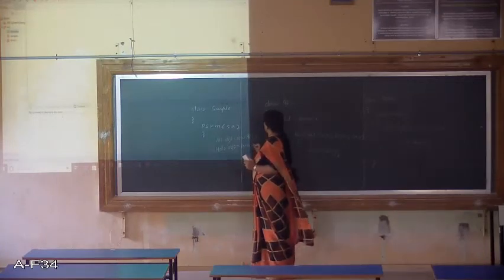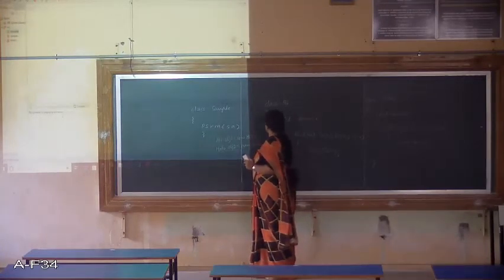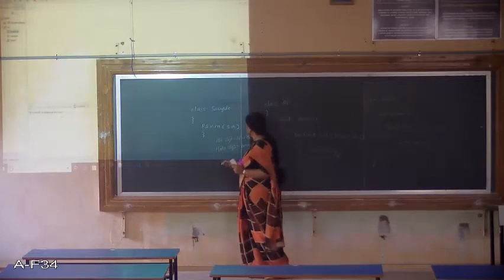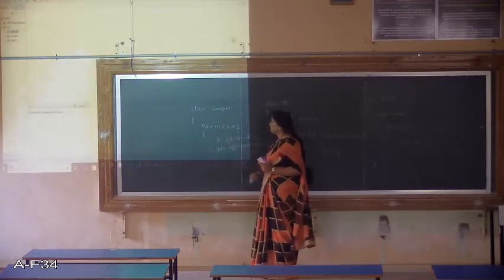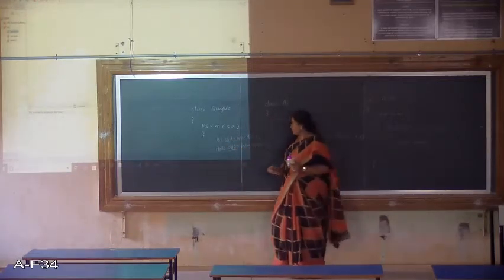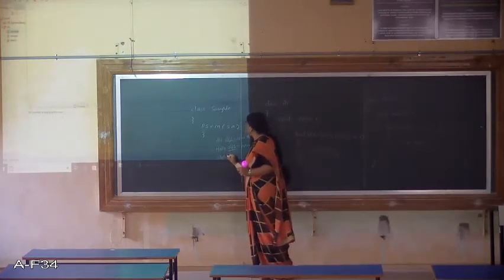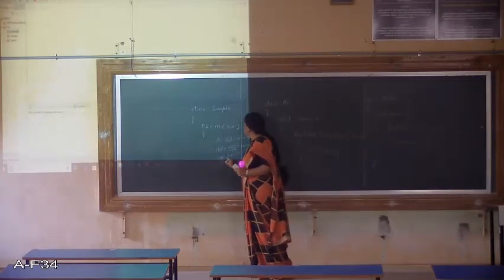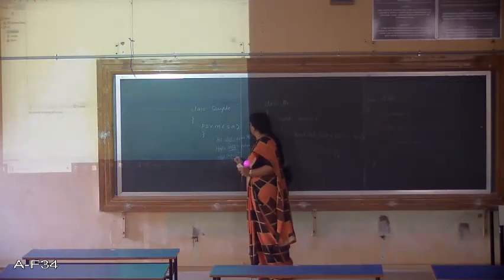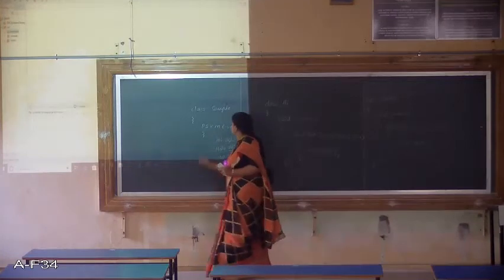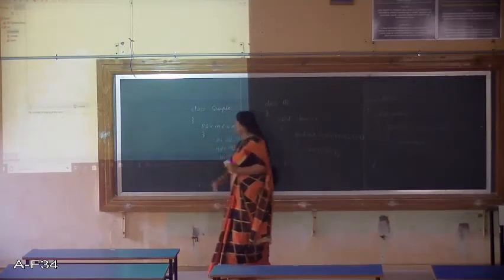So this is new hello, and then using these objects we have to call the show method. So that is object1 dot show, and then object2 dot show. That's it. So this is close of main and this is close of class.